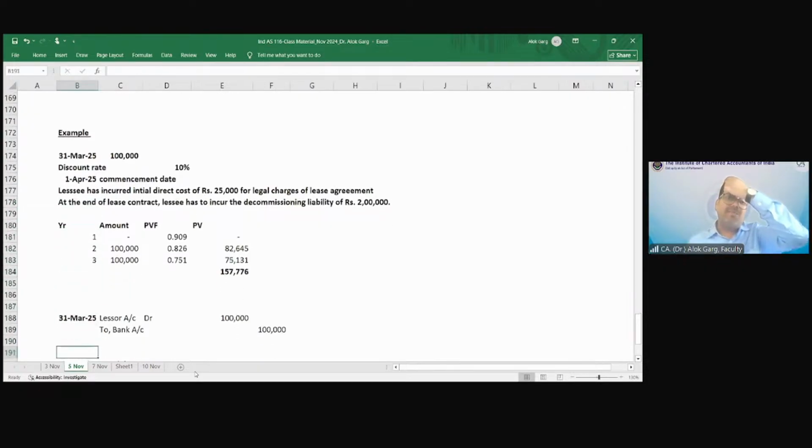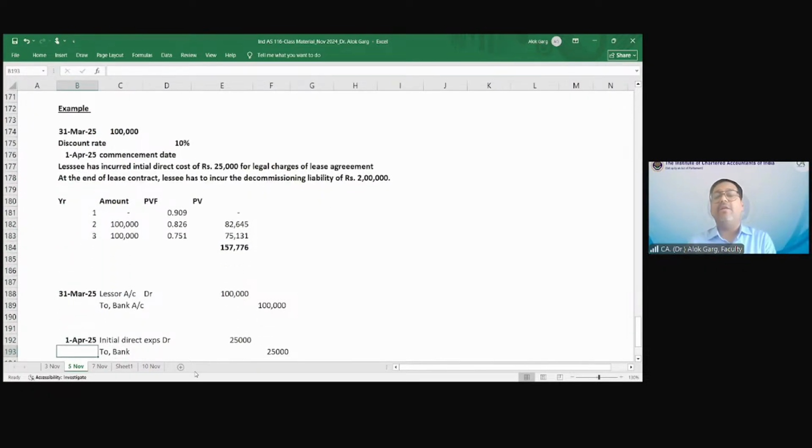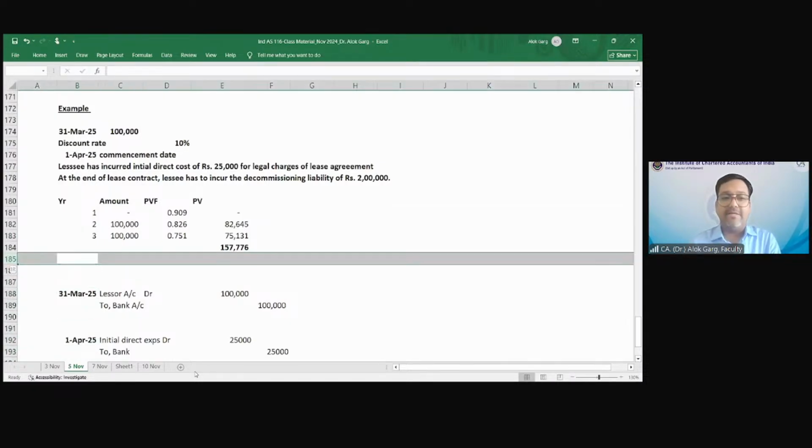What to do with this decommissioning liability? At the end of the lease contract, the lessee has to incur decommissioning liability of rupees 2 lakh.